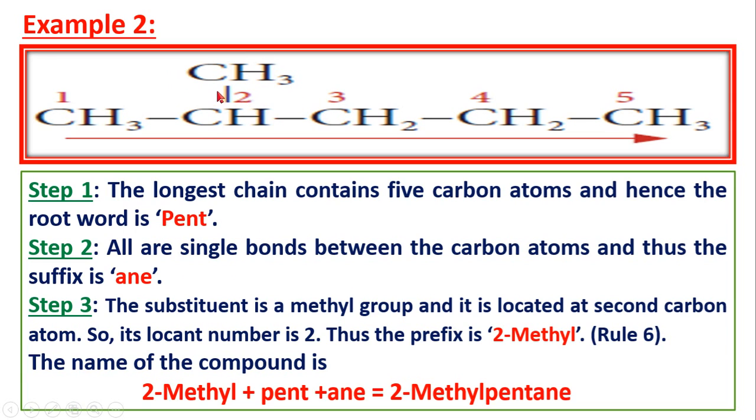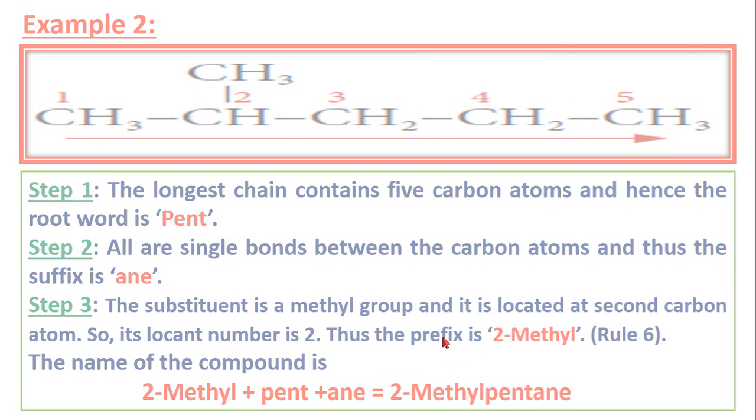CH3 is the methyl group and it is located at the second carbon atom, so its locant number is 2 and thus the prefix is 2-methyl. So the name of the compound is 2-methyl plus pent plus ane, that is equal to 2-methyl pentane. The name of the compound is 2-methyl pentane.